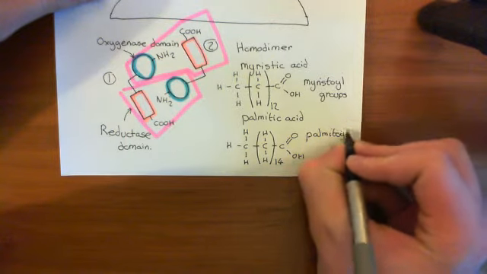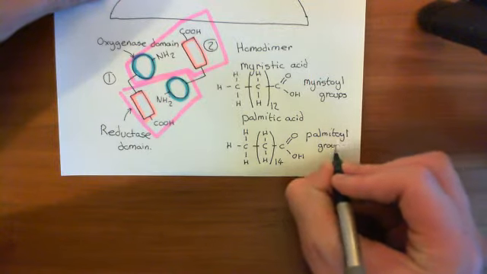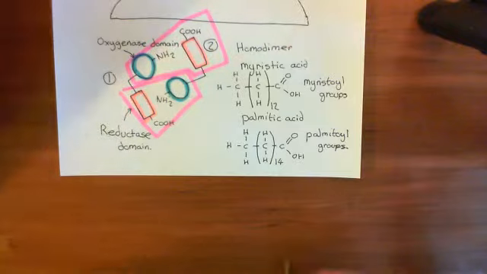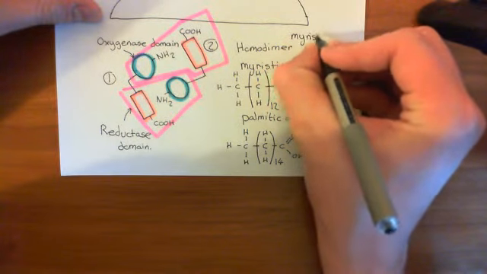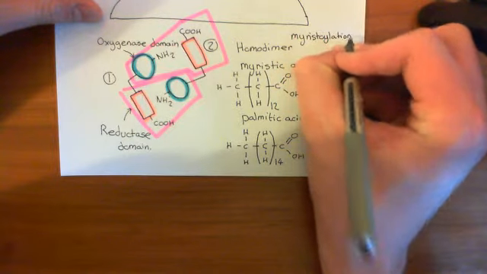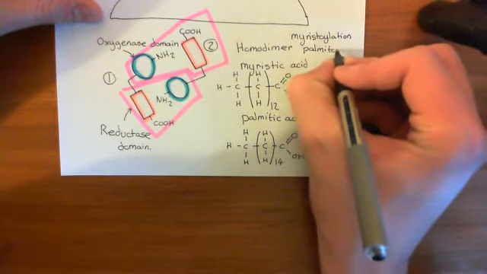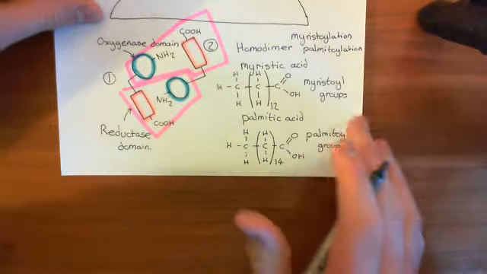And the process of adding myristoyl or palmitoyl groups onto a chemical species is known as myristoylation, which is a fantastic word. Myristoylation. And then similarly for palmitoyl groups, it's palmitylation. Palmitylation. Okay, right, so big words for processes that are very simple.